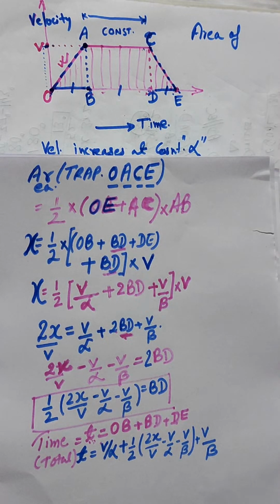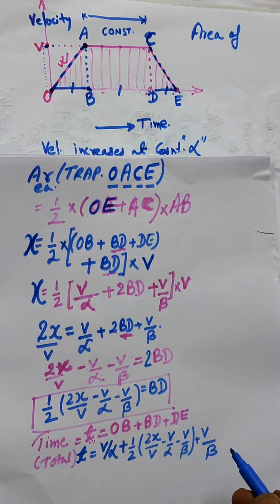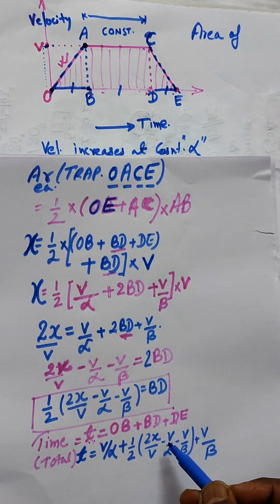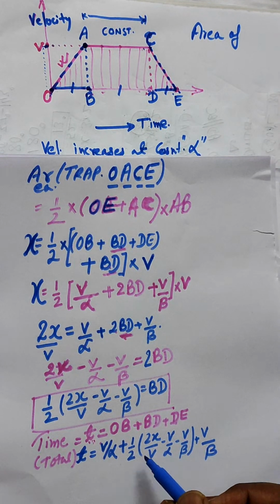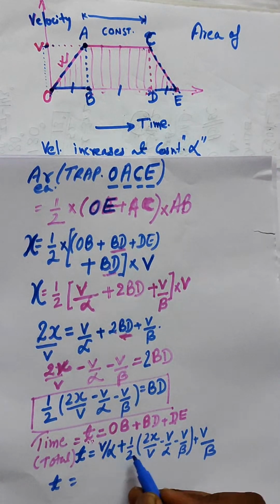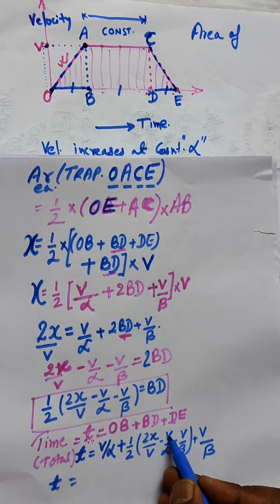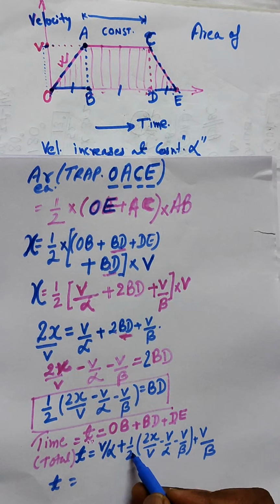So let us see. From here, it's a simple calculation, just follow the same. Since T equals V by alpha plus 1 by 2 into 2x by V, just arrange the like terms, V by alpha, and here you can see minus V by alpha half times.